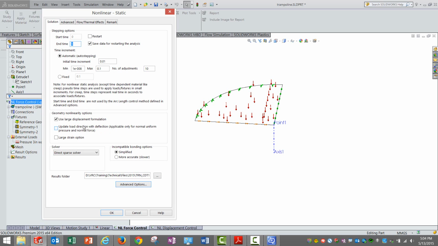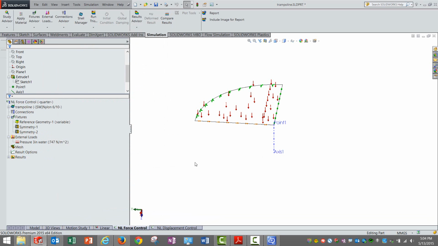But the reality is, because this is a water load, it is well distributed on the surface, so it is kind of a gravity load, always acting in a particular direction referring to the direction of gravity. So not changing the direction of these forces is fine and acceptable.